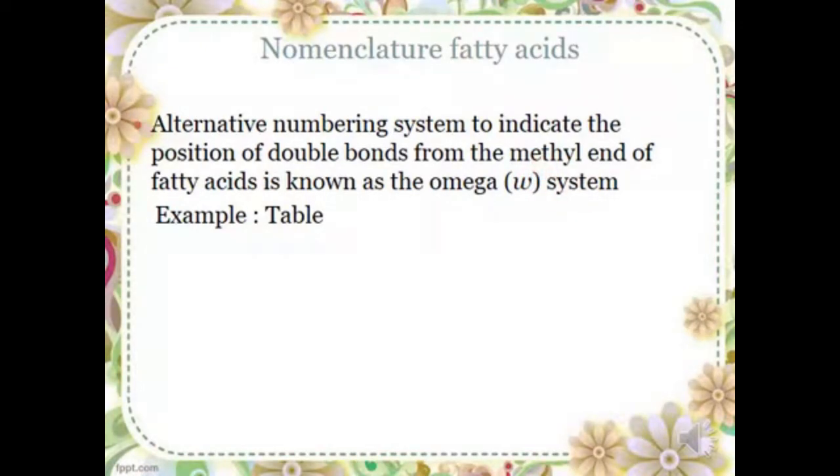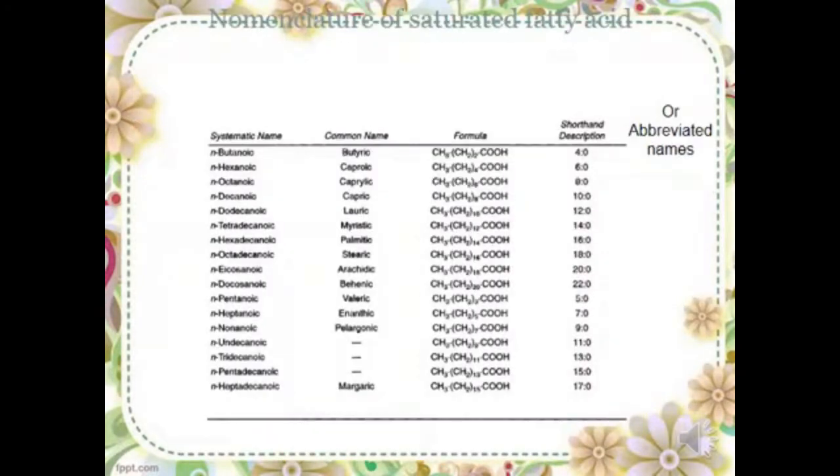The omega system is useful in the context of human diet because it classifies the position of the double bond closest to the omega carbon. The omega carbon is counted from the methyl end. So this is the omega carbon, then the subsequent ones are omega 1, omega 2, carbon omega 1, carbon omega 2, and so on.